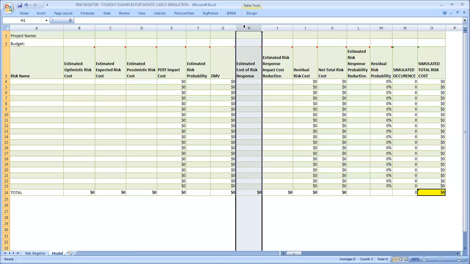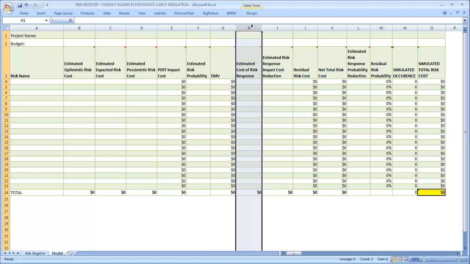There is no distribution in terms of the cost of an insurance plan, because the insurance plan is based on a contract which is fixed. So the cost of risk responses generally is assumed to be deterministic. So single point estimates would come from either contracted values or potentially estimated values from subject matter experts.